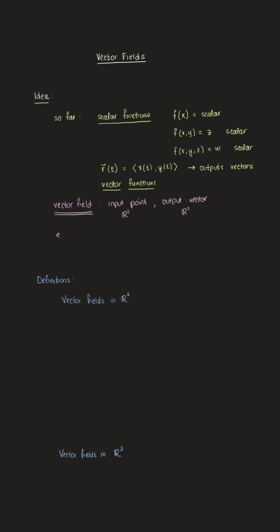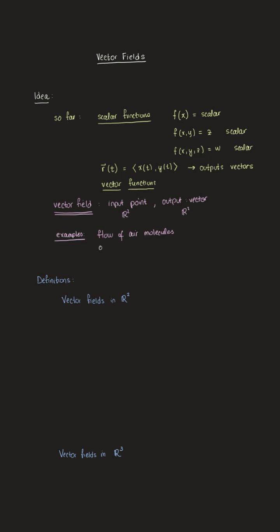And some examples before we get to a definition. For example, flow of air molecules can be modeled with vector fields. And these are velocity vector fields, right? Where at a point in space, the direction tells you the direction of flow of the air molecules, and the magnitude is the speed at which they're flowing.